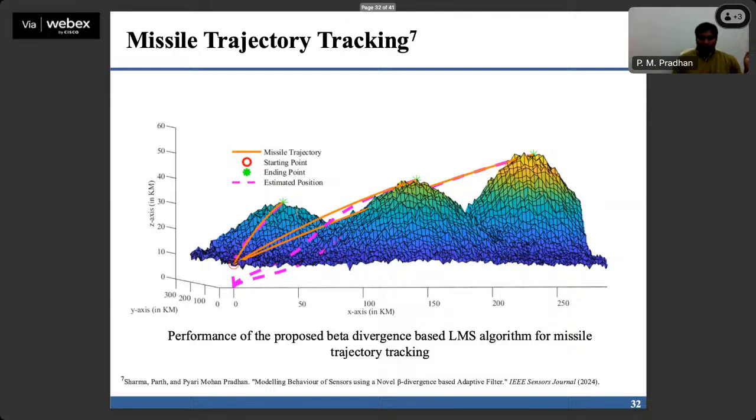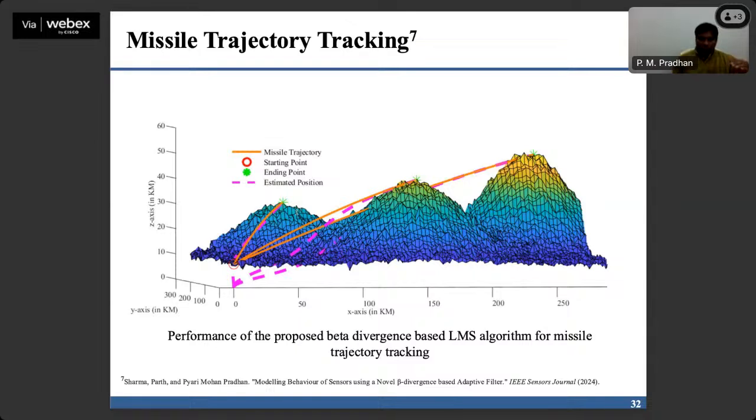This is another example, target tracking. The missile trajectory is shown, with the starting point and the ending point, and the pink lines show how the algorithm is able to track the object.